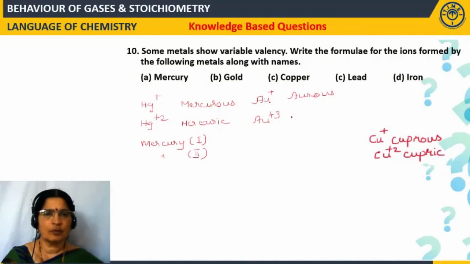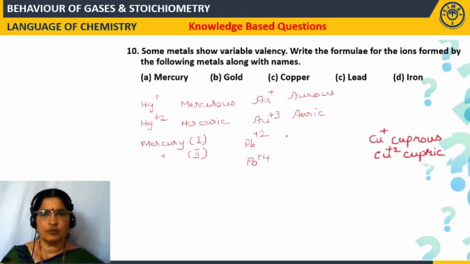Copper, if you are taking, it forms two ions, Cu plus cuprous, Cu plus 2 cupric. Fine. Right. Lead if you take, it can give Pb plus 2 and then Pb plus 4 ions.